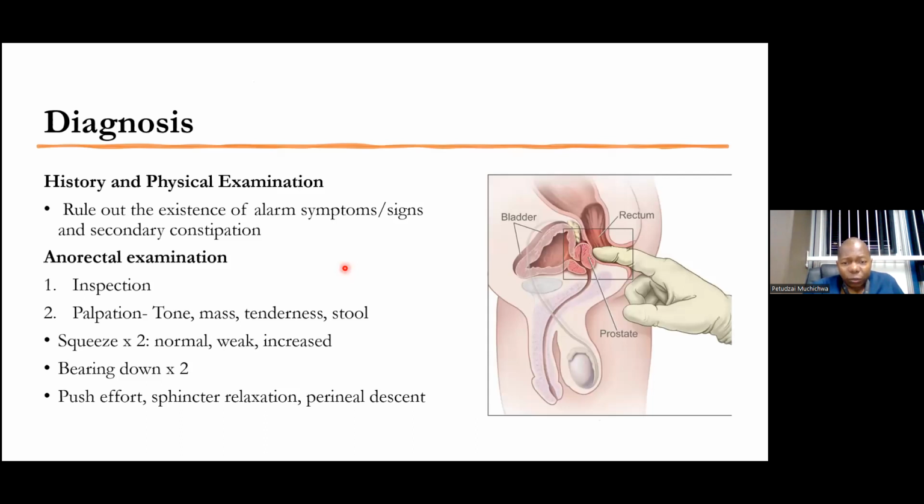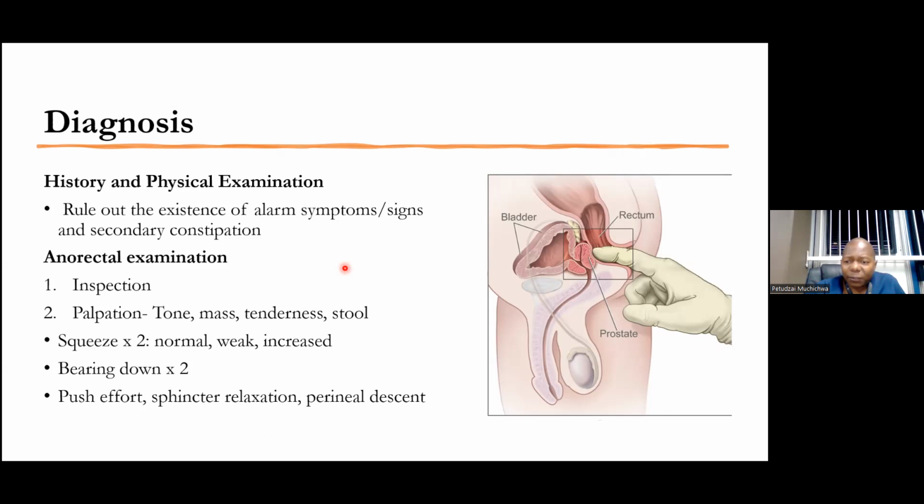In terms of diagnosis, as I've been mentioning, history and physical examination are quite key in forming the diagnosis. And on that, we actually need to rule out the existence of alarm symptoms and causes of secondary constipation. That's the key part when we're obtaining the history.